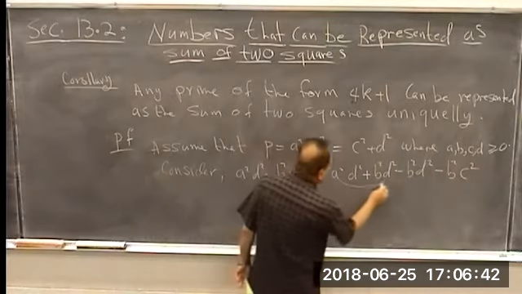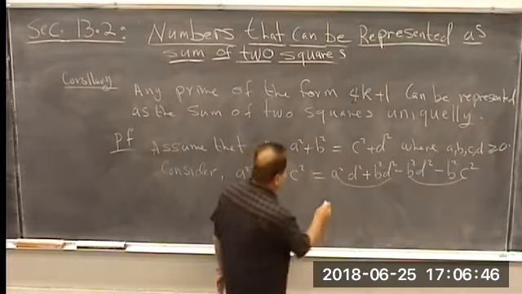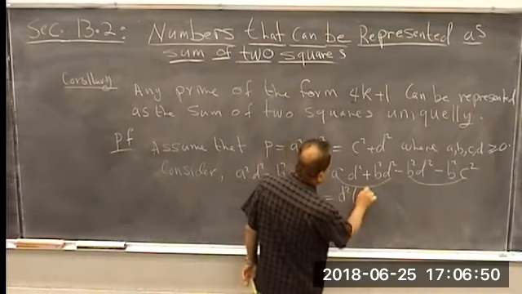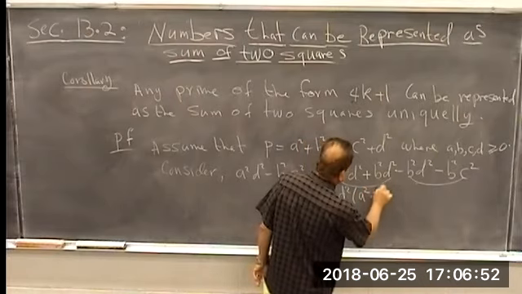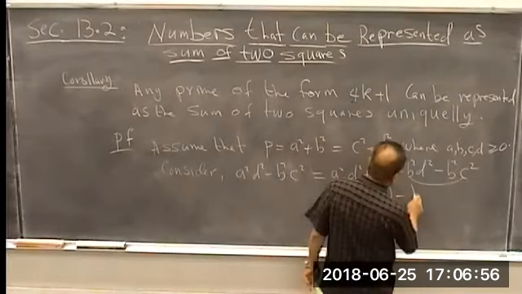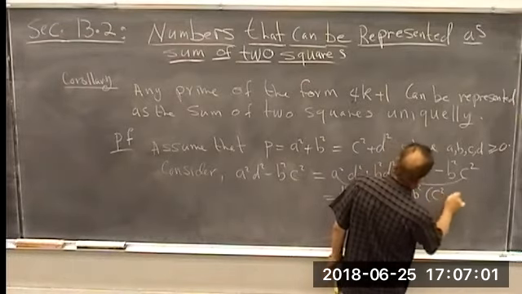I'm going to group these together and take the common factor. So for this one, I'm going to take common factor D squared, so we come up with A squared plus B squared. And I'm going to take the common factor B squared, so this becomes C squared plus D squared.